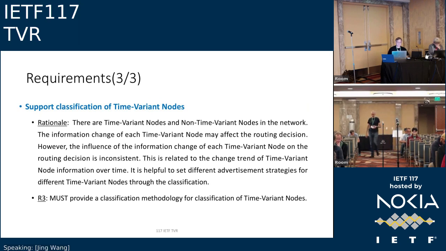Okay. The third requirement is supporting classification of time variant nodes. There are time variant nodes and non-time variant nodes in the network. So the information change of each time variant node may affect the routing decision. However, the influence of information change of each time variant node on the routing decision is inconsistent. This is related to the change trend of time variant node information over time.